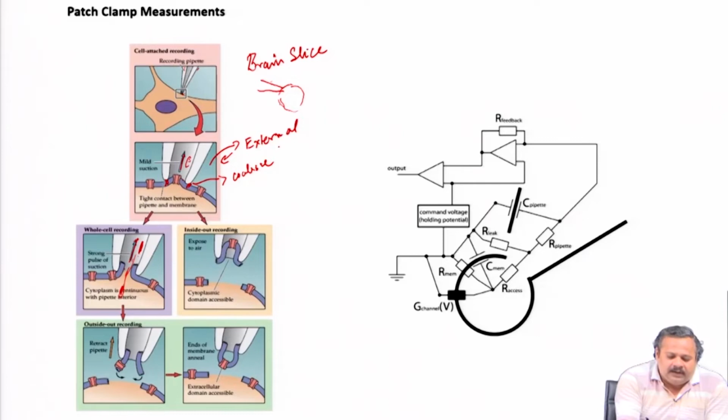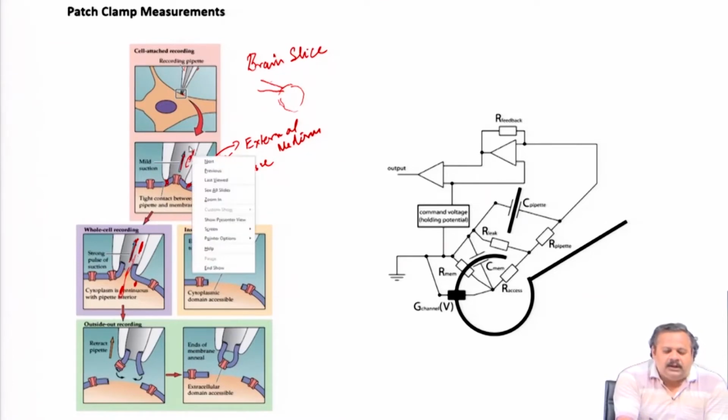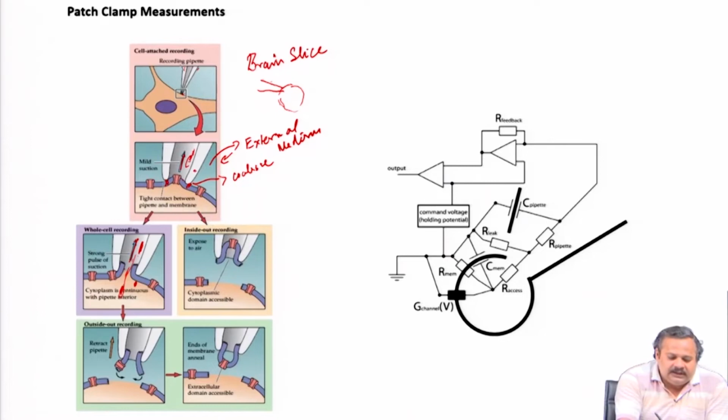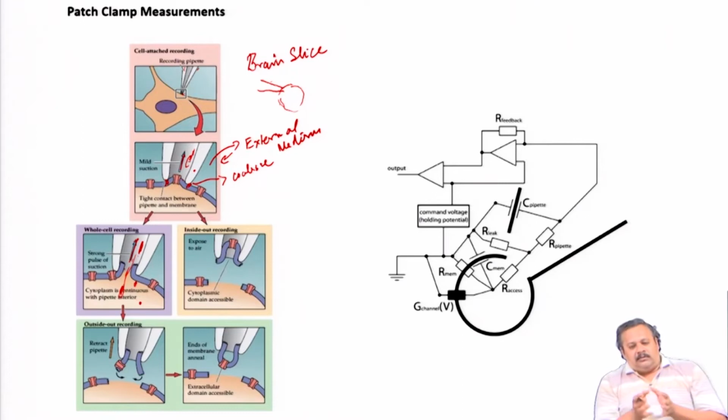Before going in, we have to make sure whether we are going to do this cell attached recording or the whole cell recording, and accordingly fill up the pipette with the external solution in this case or the internal solution in this case. What we mean by internal and external solution is that the aqueous medium inside the cell has different ion concentrations and different molecules and chemicals present.